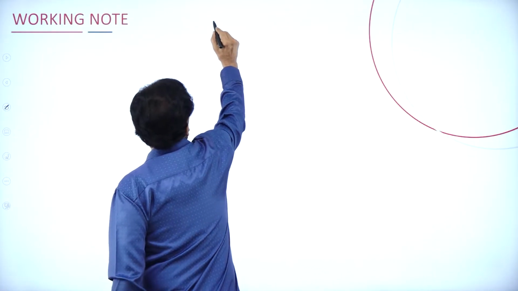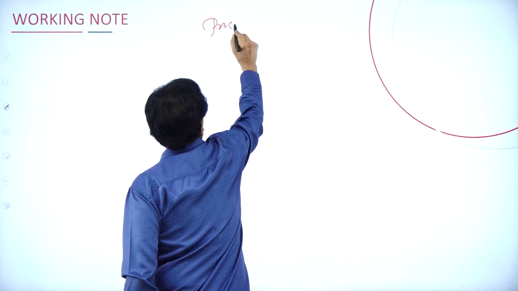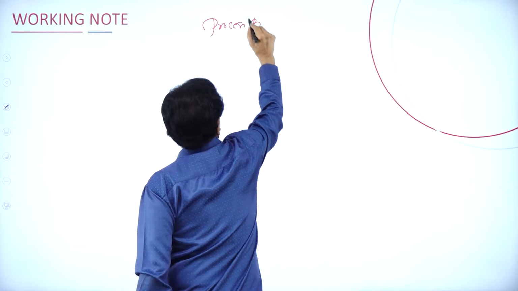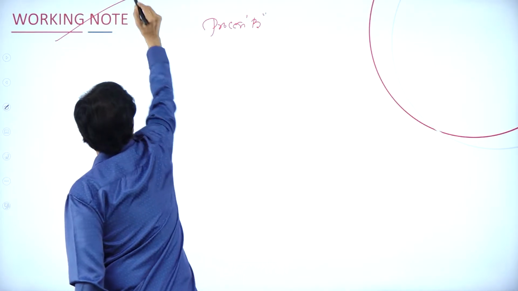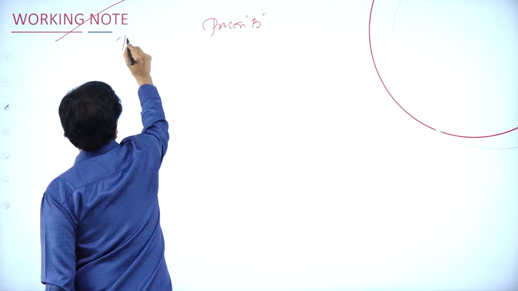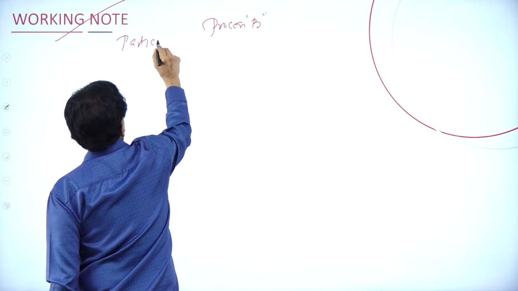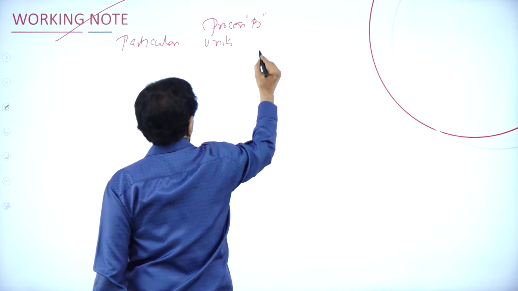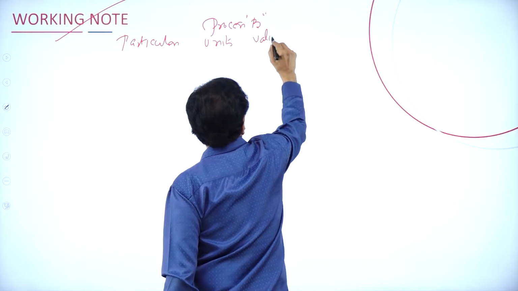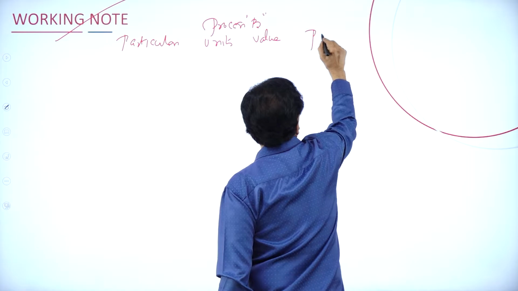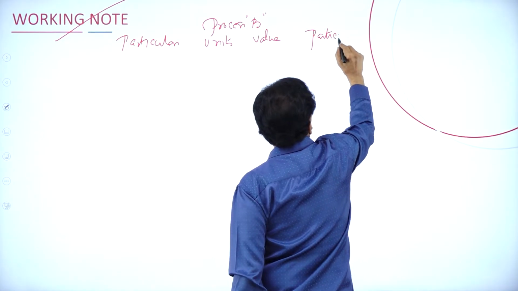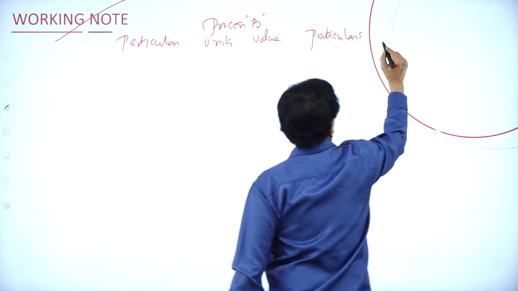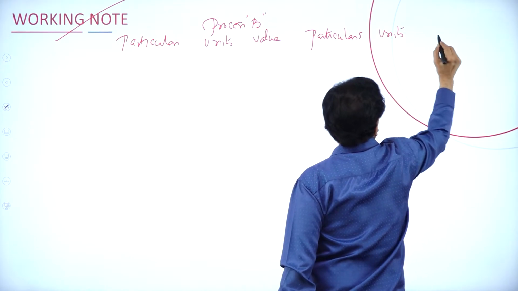Here, process B. Particulars, units, value. Particulars, units, value.